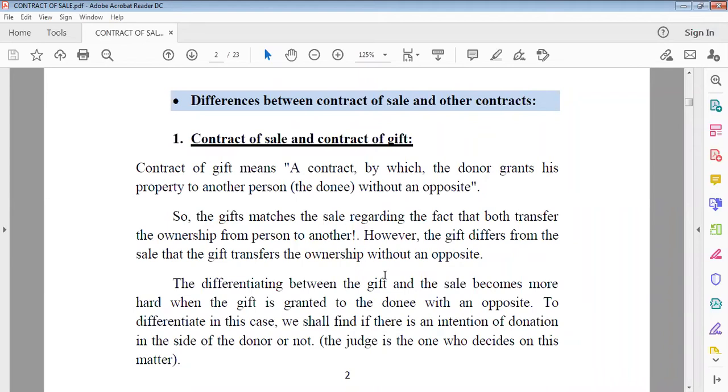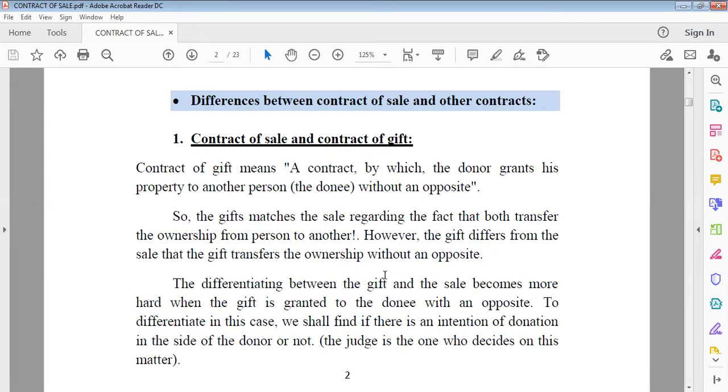In the previous lecture, I think it was lecture number 3, we were talking about the differences between the contract of sale and the other contracts. We started with the differences between the contract of sale and the contract of gift, and we highlighted the most important issues in this regard.